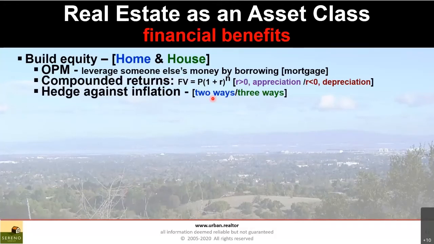The other hedge is that we've seen the median rate of appreciation in the United States, and it's about 5.3% in the US, in California over 7%. We know that basically homes appreciate above inflation.